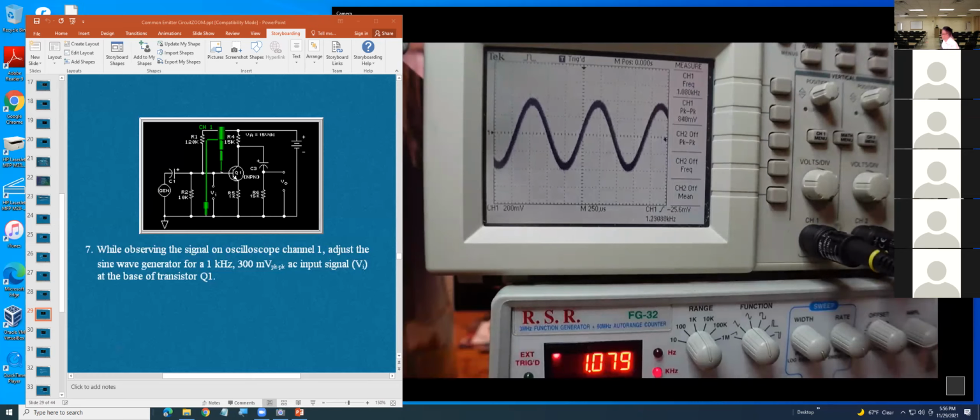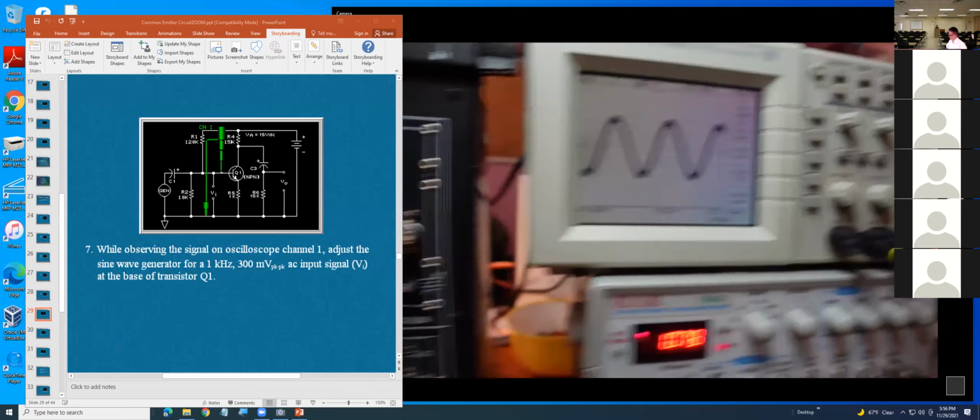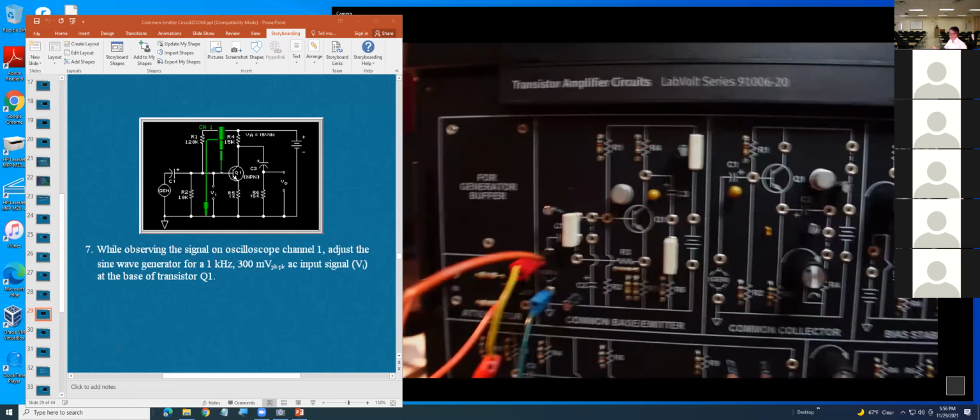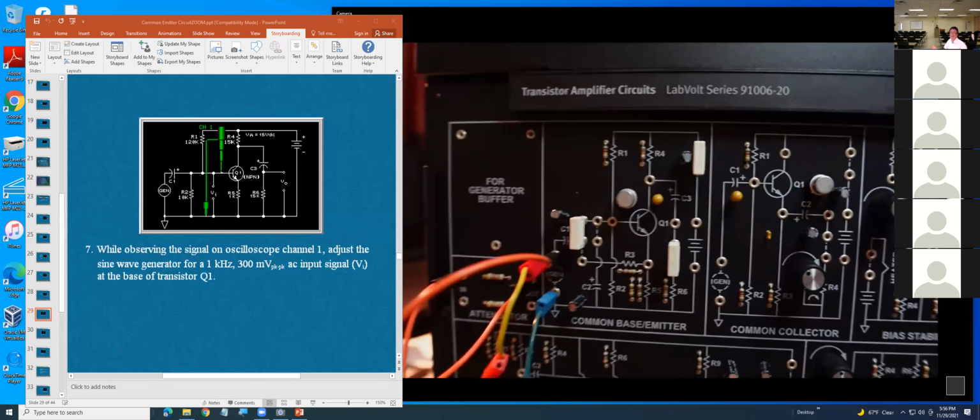Okay, you connect the generator to the input of the attenuator. You follow that? Right now, your picture is on the scope and the generator, not on the board.